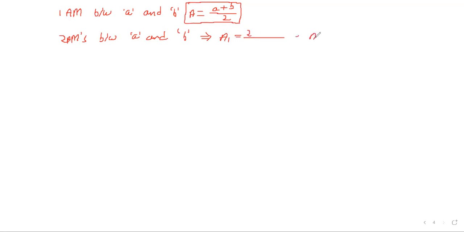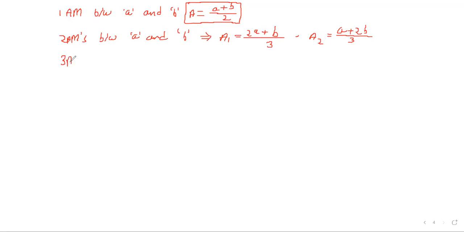Whenever we have to find 2 AMs, it will start with 2A plus B, and the coefficient of A decreases by 1 by 1. Means second AM is (A plus 2B) upon 3.